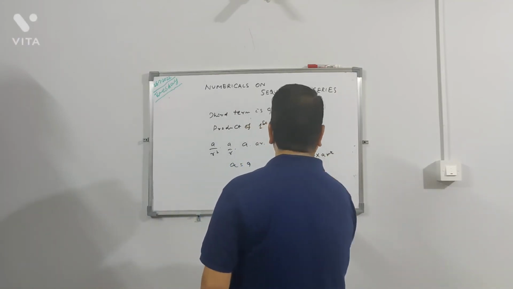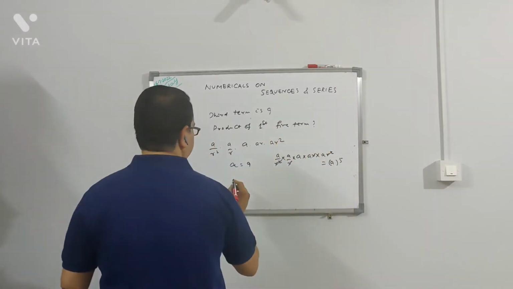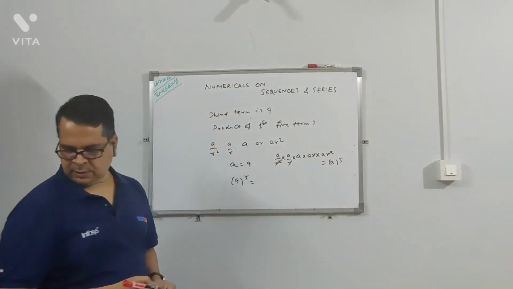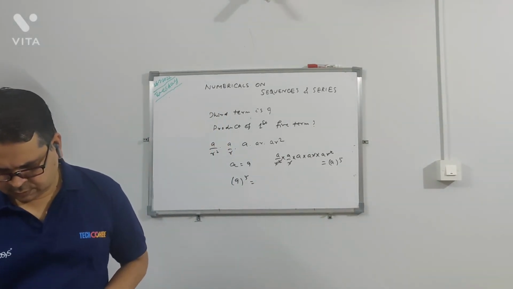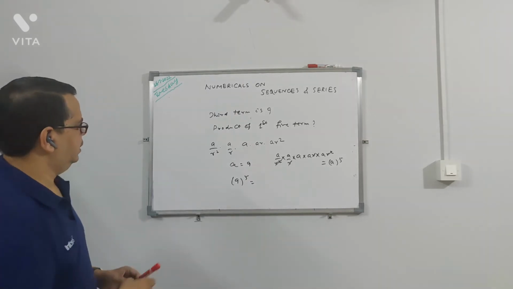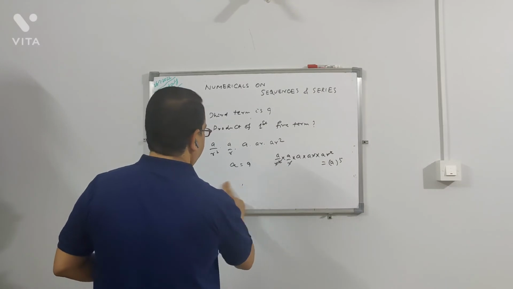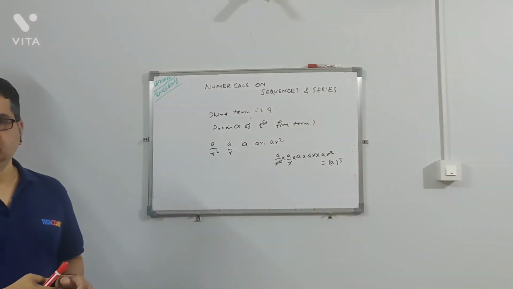So R square cancels, R cancels, it will be A to the power 5. So this will be 9 to the power 5. That will be the answer. No, third term is A, so A is 9. Okay.